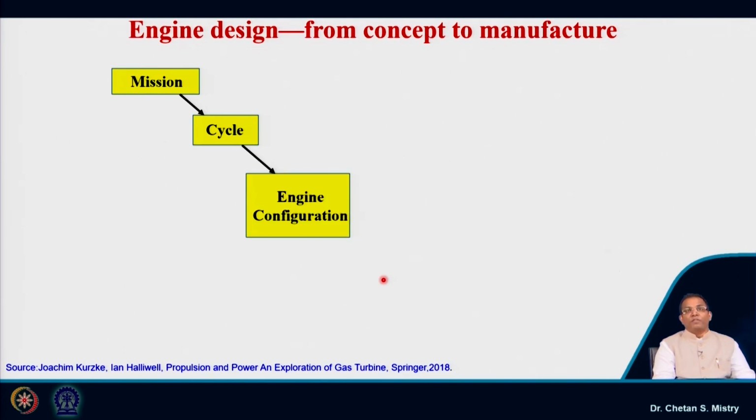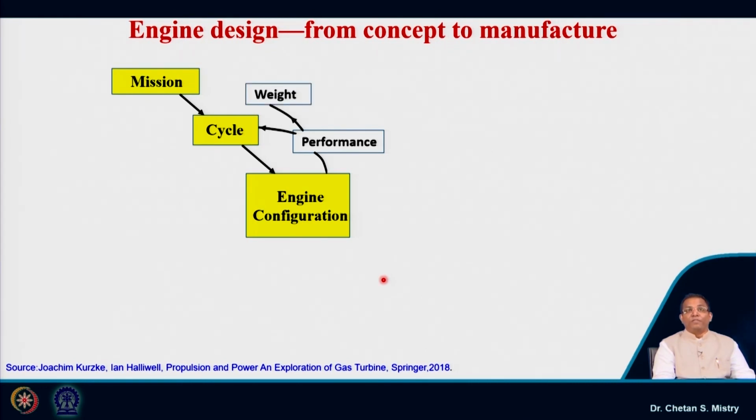Based on that, we will try to configure the engine components, which include the fan, compressor, combustion chamber, turbine, nozzle, all those components. Now, we will evaluate the performance of all these components, and based on that we will try to reintegrate with the cycle analysis.